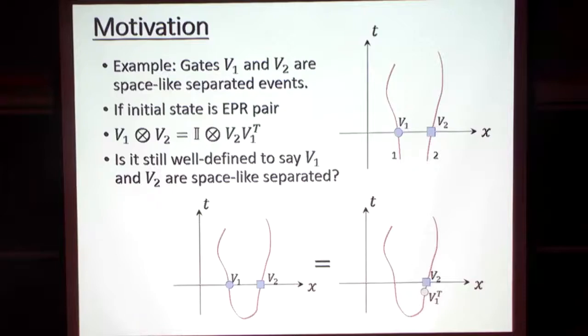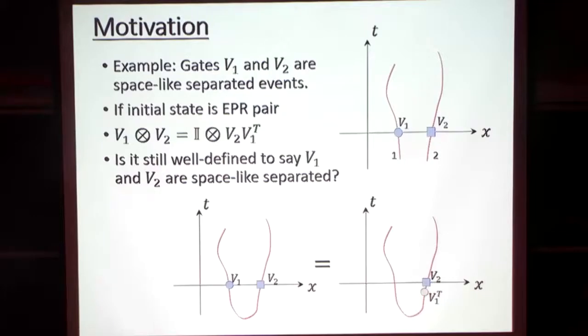That's true. But if you think about a system where I know a little bit more about the initial state, so I know the initial state is an EPR pair between the two qubits, then there is a general mathematical fact that any operator acting on qubit 1 is equivalent to an operator acting on qubit 2, which is just some operator defined by the transpose of the matrix. So that means that the action of V1, V2 is equivalent to doing nothing to qubit 1, but applying two operators sequentially on qubit 2.